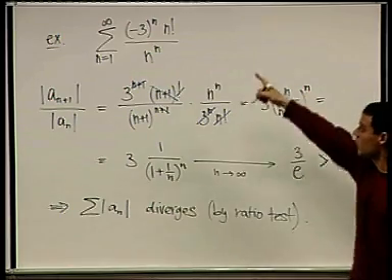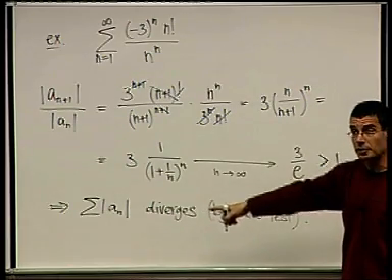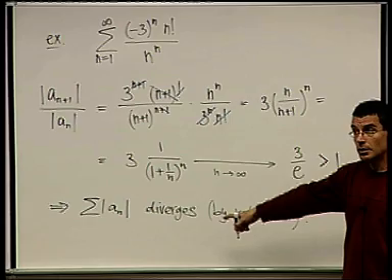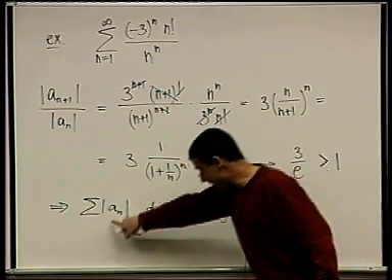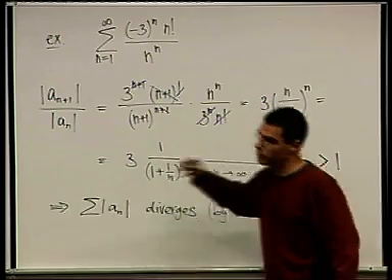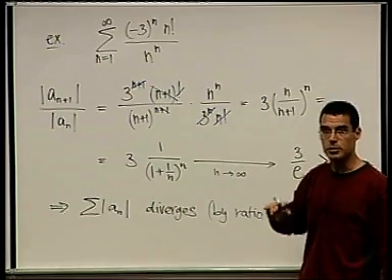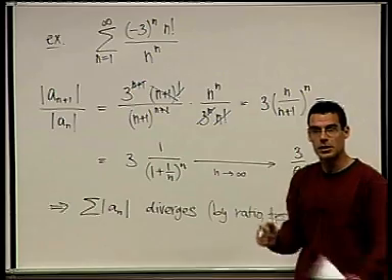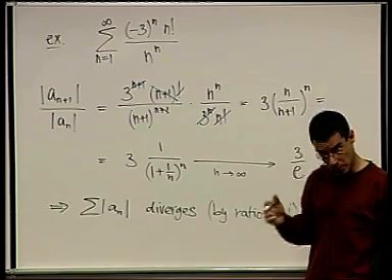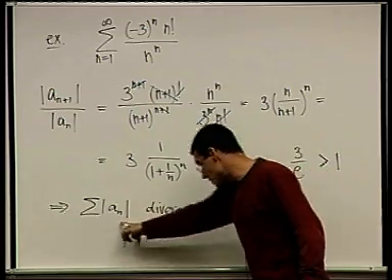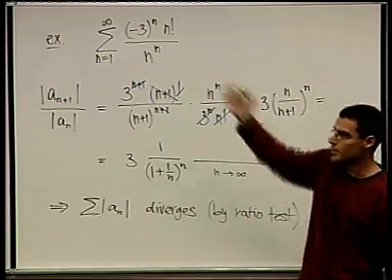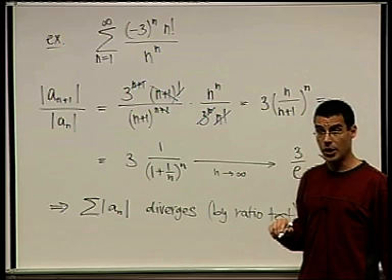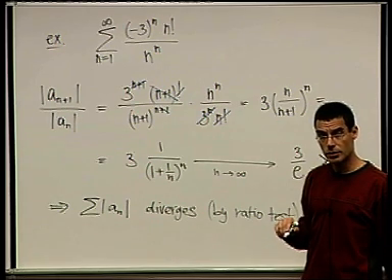Does it imply that the original, that sigma a_n itself diverges? No. Remember, sigma of absolute a_n converges implies that sigma a_n without the absolute value converges. That's being converging absolutely. But if this diverges, it does not imply that without the absolute value diverges. The example is, for example, the alternating harmonic series. Do you agree?